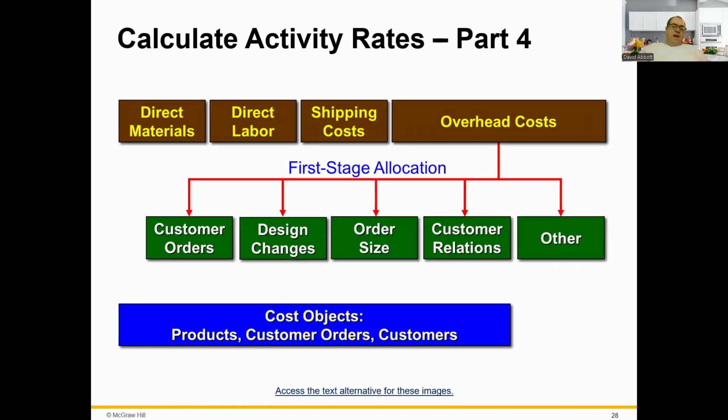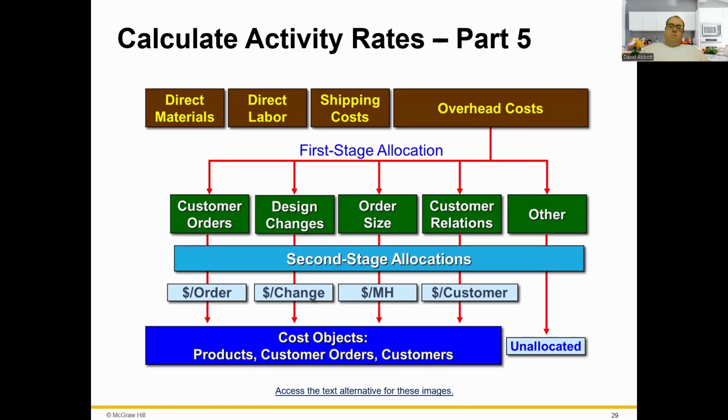The first stage allocation process assigned the remaining costs, overhead costs, to the 5 activity cost pools. Then activity measures were identified, activity levels were determined, and activity rates were computed for each activity. These rates will be used in the next step to assign overhead costs to cost objects.